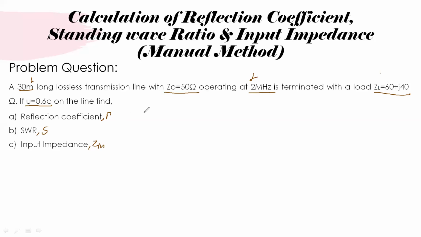With respect to the previous sessions, the formula for the reflection coefficient gamma can be written as (ZL minus Z0) by (ZL plus Z0).